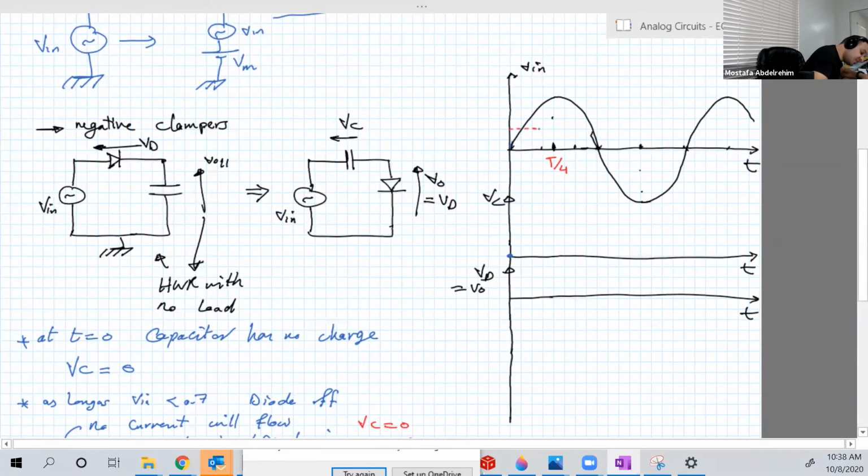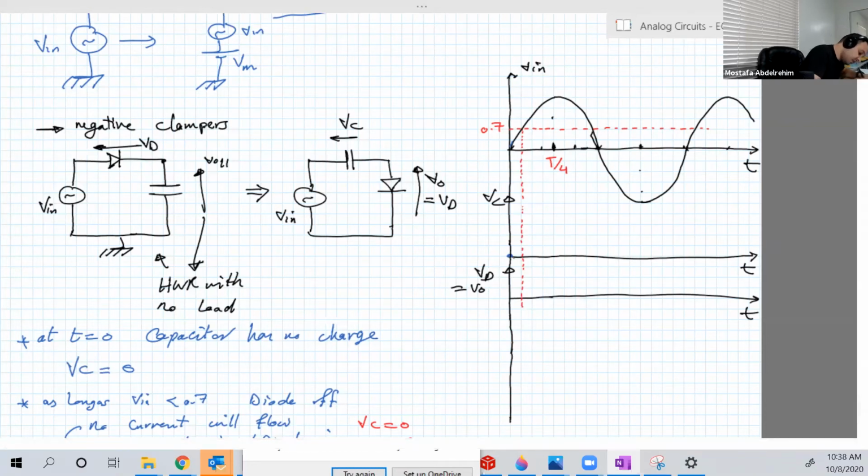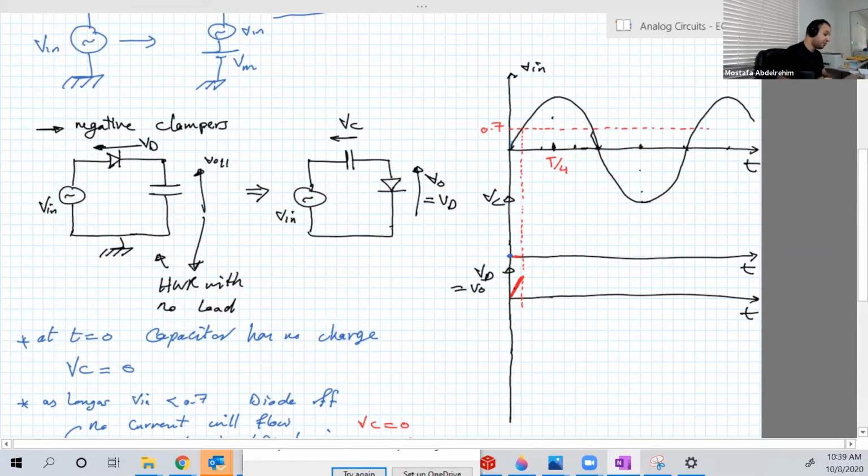So assume this is the 0.7. VC will be 0 here, and VD is equal to V input, so it will be something like this.